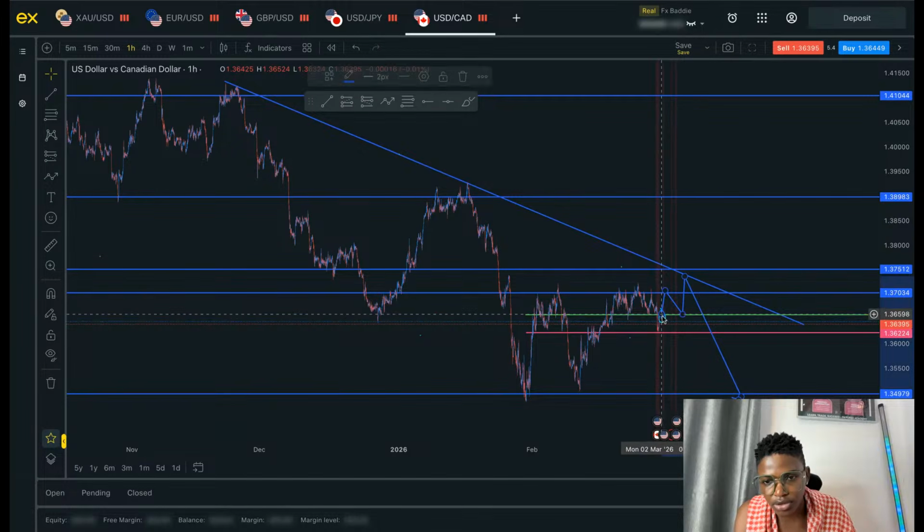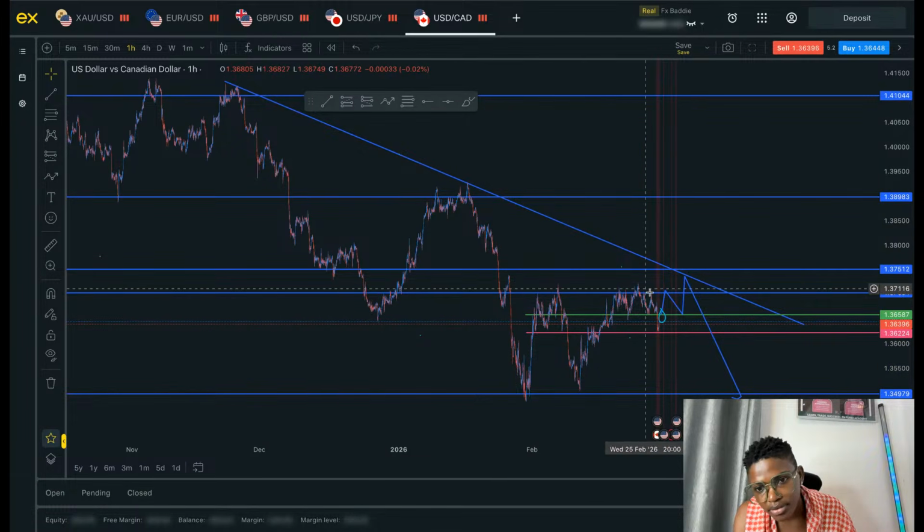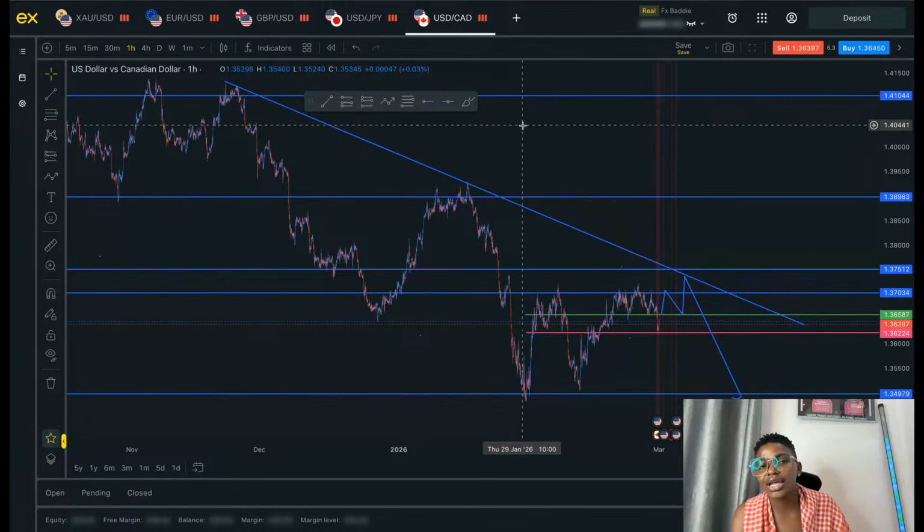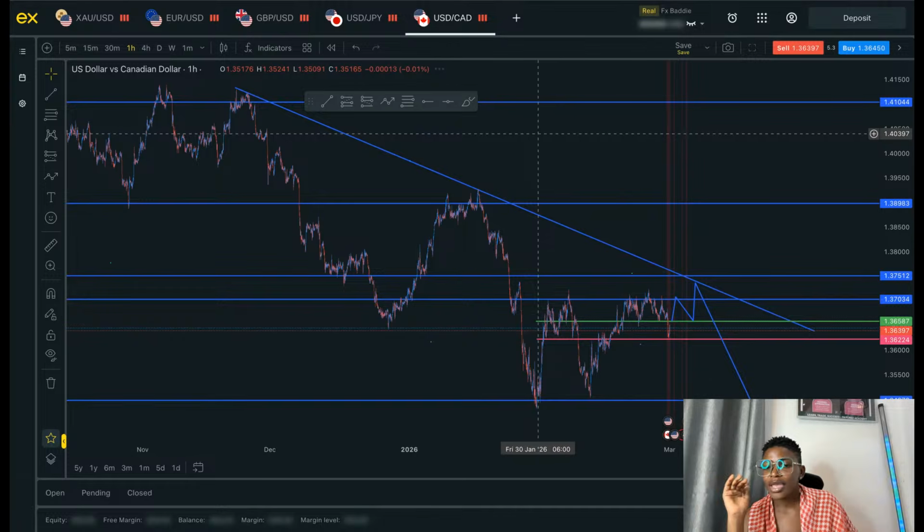Let me take out this drawing. So as of now, we are looking at selling USD CAD, but we will not just sell like that. We should wait for proper confirmations before we place that buy or place that sell.